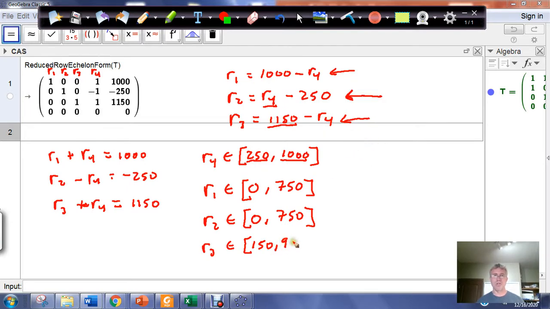So the largest the flow rate will be along road 3 is 900 vehicles per hour. So what you can see is, if you were trying to figure out what was going on with the other roads, road 1, road 2, road 3, you would really need only to hone in on and analyze the flows along road 4, because as soon as I know what the flow rate is on road 4, I will know what the flow rates are on the other roads.